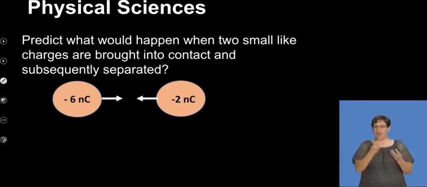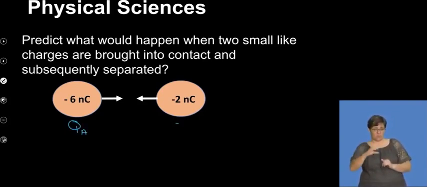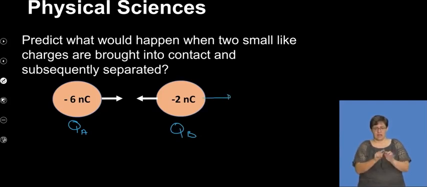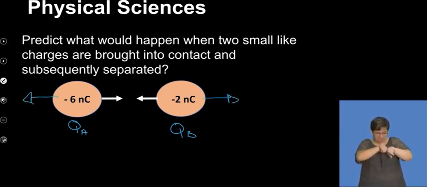And also, here we've got a different scenario. Let's call this one QA, -6 nanocoulombs. Let's call this one QB. Already, these two are like charges. Actually, the forces must be away from each other. They are repelling each other, not attracting, so let's correct that.